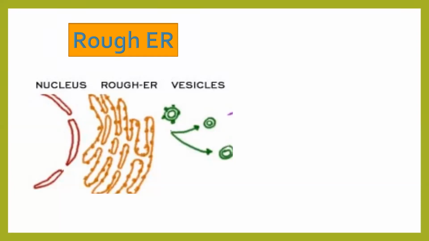As I had said, that the nucleus ke andar there will be nucleolus, which will do the work of production of ribosomes. And if you will read your textbook, you will get a better word called as synthesize. The meaning of the word synthesize is to produce, right?